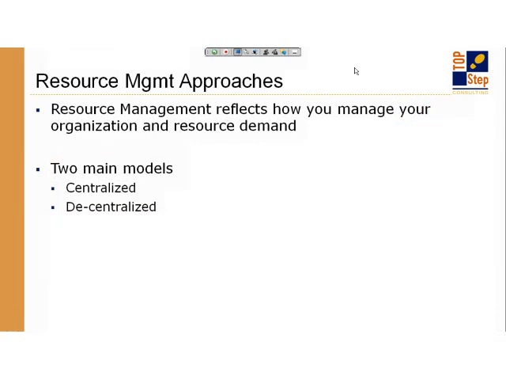So let's move into resource management approaches. There are basically 2 main models, and I'll get a question of, so, is it definitely one way or the other? No. There's the left side and the right side and a huge gray area in between. So the 2 main models are a centralized approach or a decentralized approach.